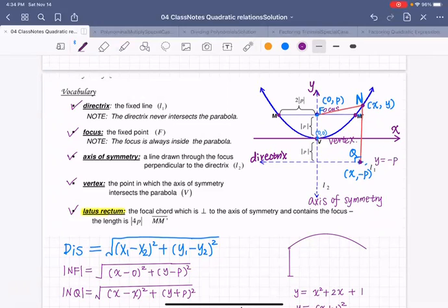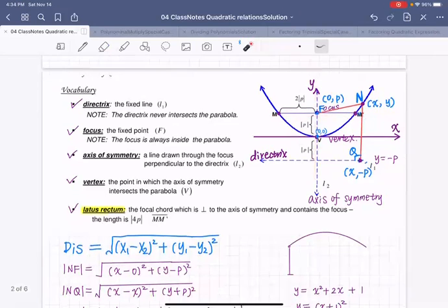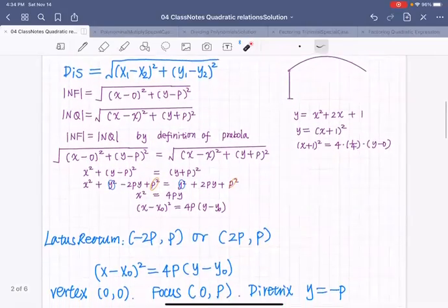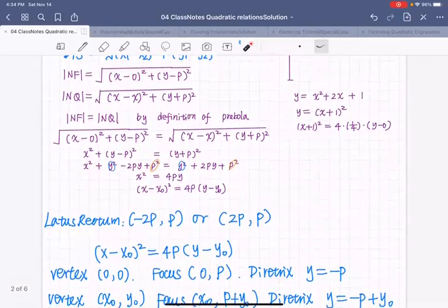Let's calculate the points m and m prime. The way we calculate the location of point m is this: because this line is perpendicular to the axis of symmetry, this point will have the same y value as the focus. Any point on this line, the y will be what? P, right? So you can plug in.